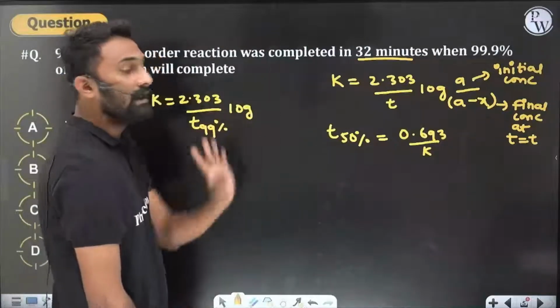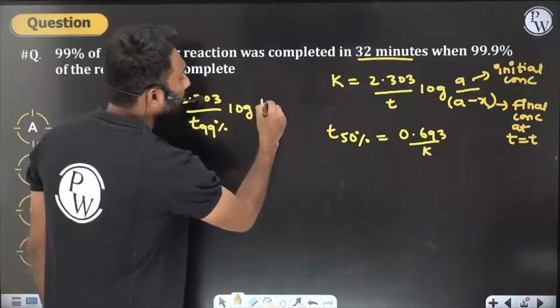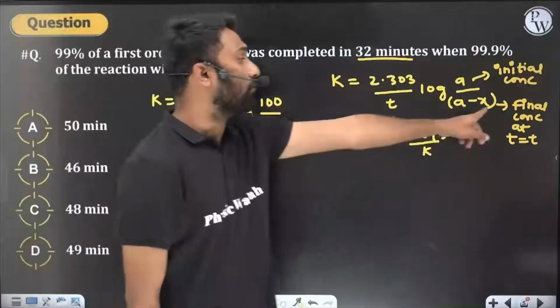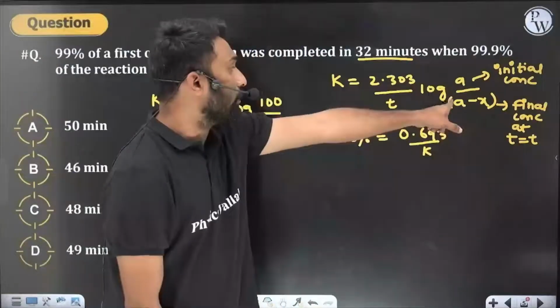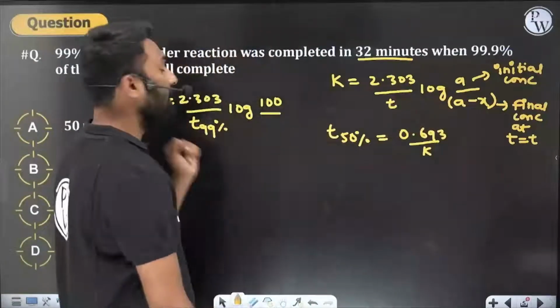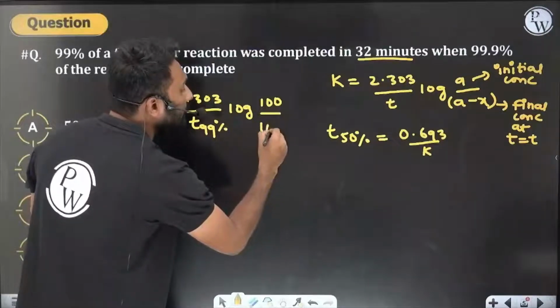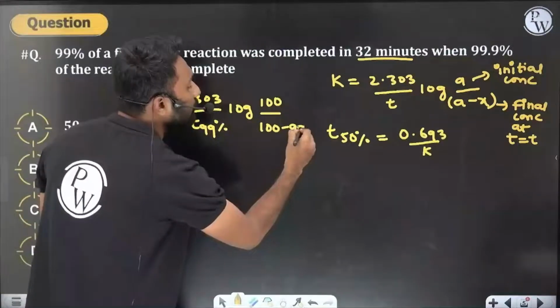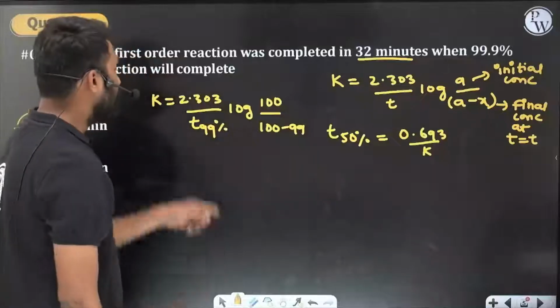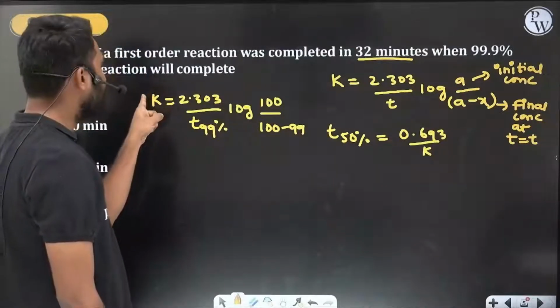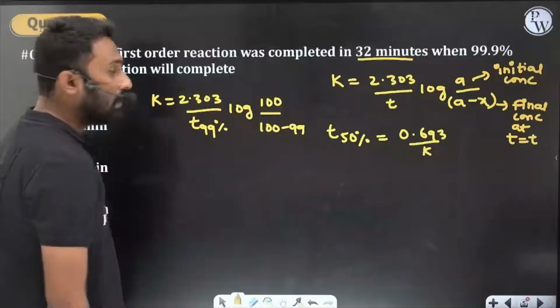In percentage, the initial concentration will be 100. Now the final concentration will be 100 minus 99, so the leftover will be 1, right? Now t 99% I am taking to the left hand side, and k I am bringing to the right hand side.